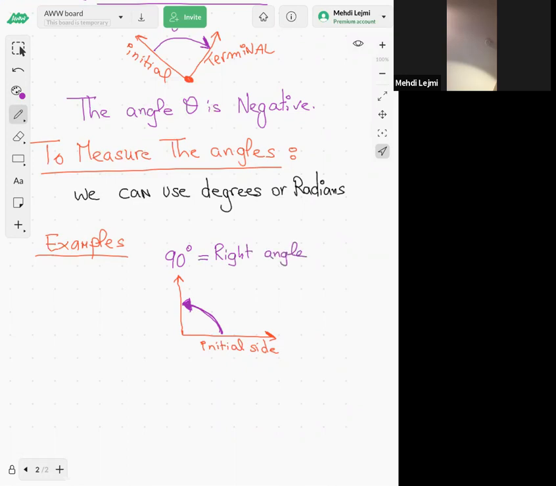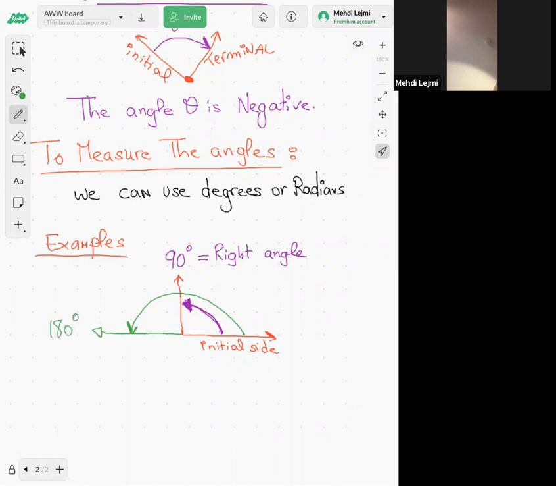Now if you go from this initial side to the opposite side, that would be 180. Absolutely, Glenn, thank you. 180.